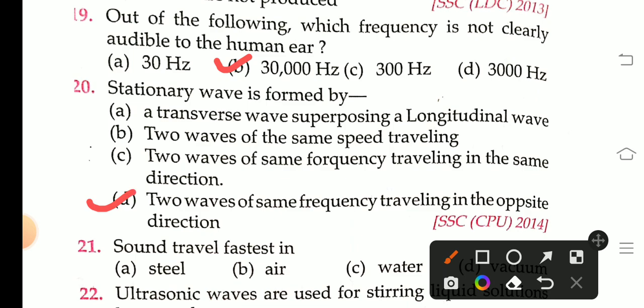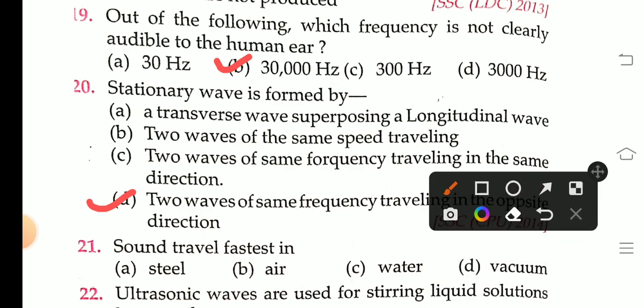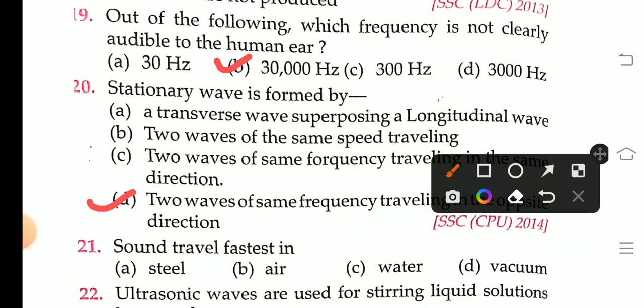right answer D, two waves of same frequency traveling in the opposite direction. Next, sound travels fastest in, right answer option A, steel.